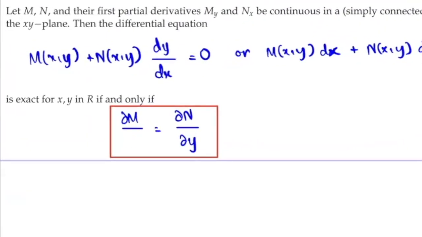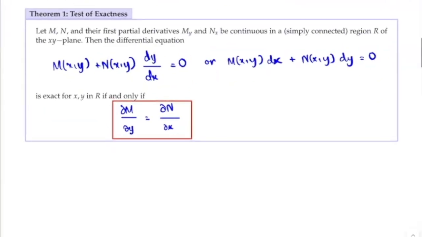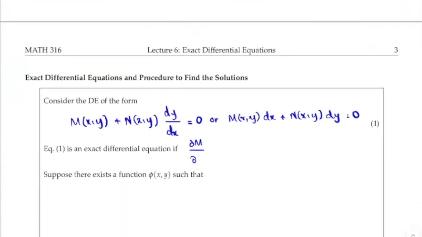So partial M partial y equal to partial N partial x. Sorry about that. So equation 1 is an exact differential equation if you have partial M partial y equal to partial N partial x, or in slightly different notation, M sub y equal to N sub x. So just the partial derivatives.